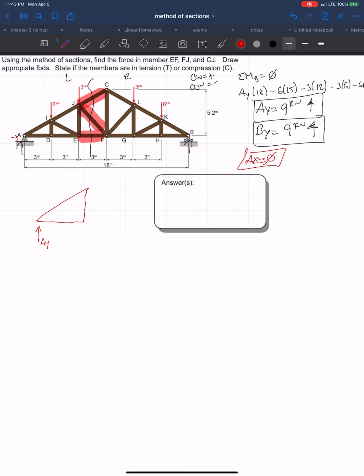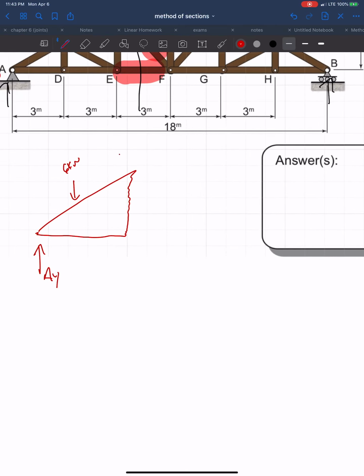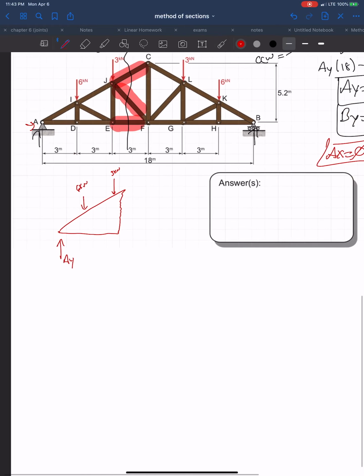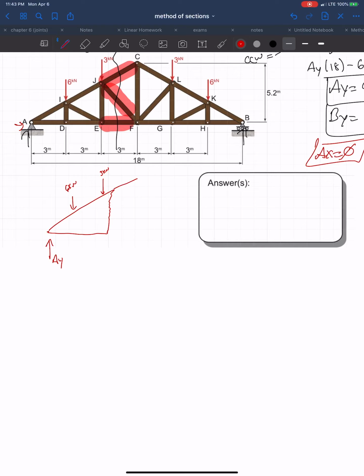Okay. So we have our 6 kilonewtons here. Let me zoom in a little bit. We have our 3 kilonewtons here, and we have this force, and this force.